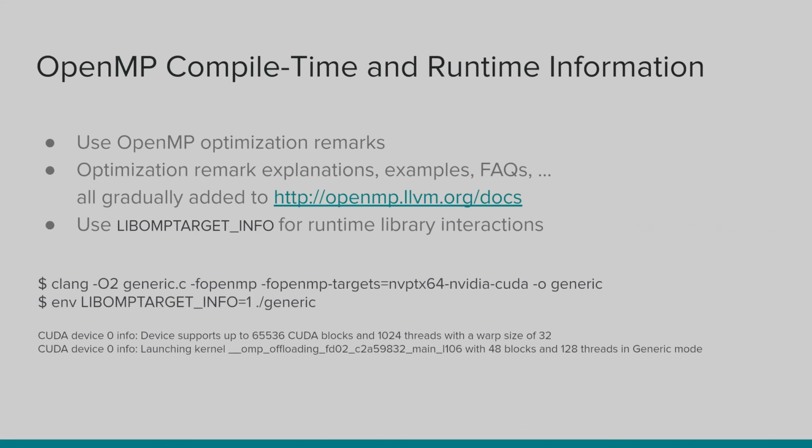You can use that to let the runtime, the generic fast release runtime, tell you what it did and why it did things. It also helps you a lot to debug potential errors, because it gives you information about what pointers are mapped, when data is copied, how kernels are started, and so on. So there's quite a bit you can get from the runtime nowadays, even in release mode. I would encourage everyone to take a look at those.